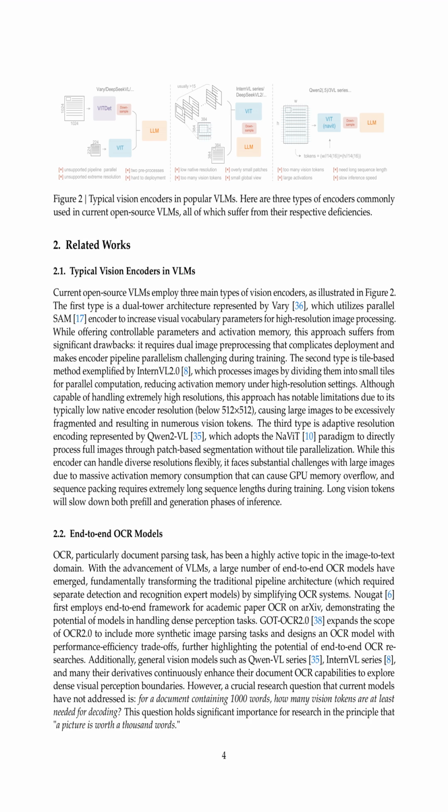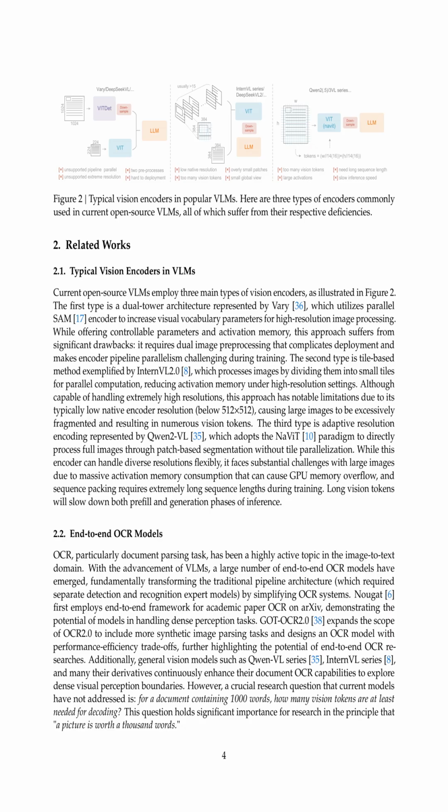Qwen2.5-VL, Qwen3-VL series: too many vision tokens, large activations, small global view, two pre-processes, need long sequence length. Tokens equal W divided by 14, divided by 16, times H divided by 14, divided by 16. Slow inference speed, hard to deploy. Figure 2. Typical vision encoders in popular VLMs.